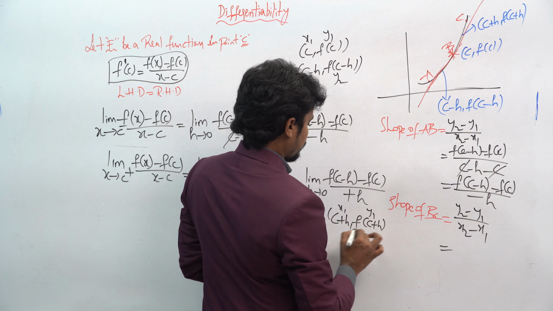So here this will be f of c plus h minus f of c, divided by c plus h minus c. Okay, plus c minus c will get cancelled. This will become f of c plus h minus f of c divided by h.